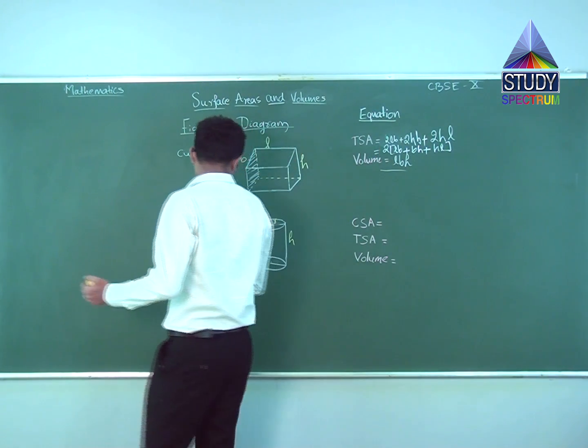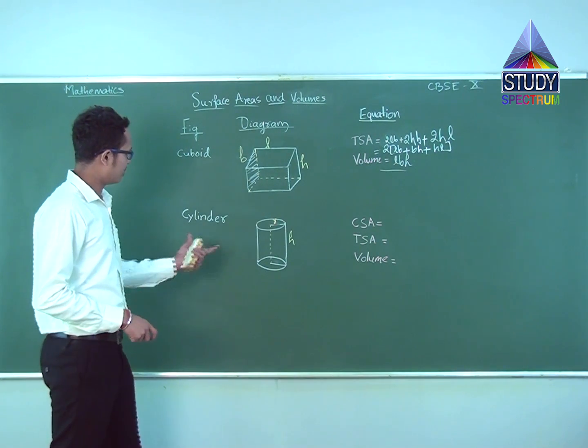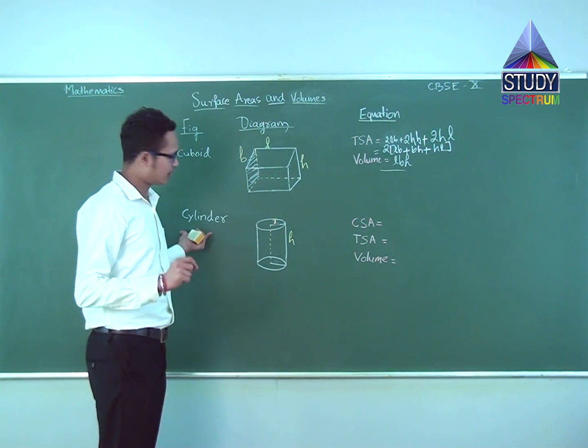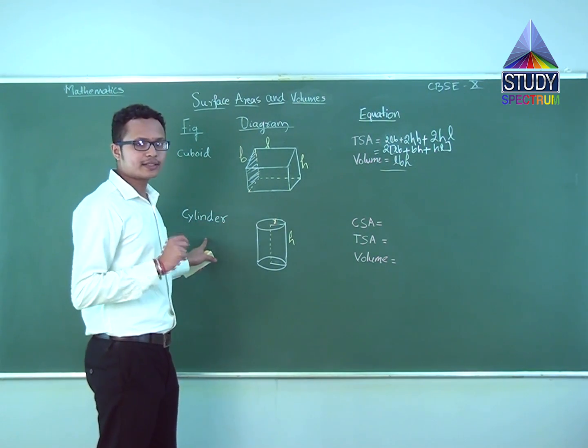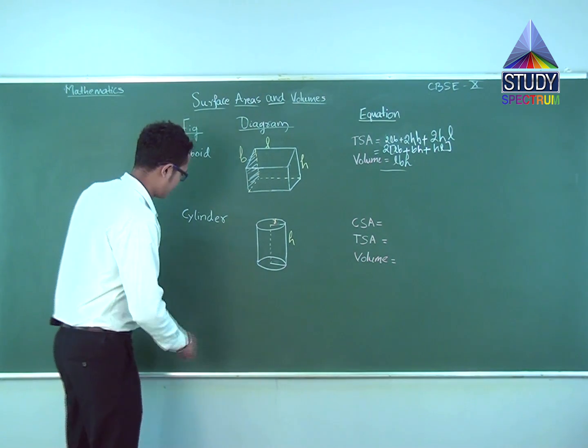Alright. Now again, next figure is the cylinder. This is actually a right angle cylinder. Why do we call it right angle? Because cylinders can also be like this. You see.